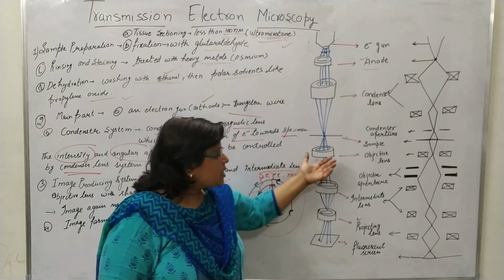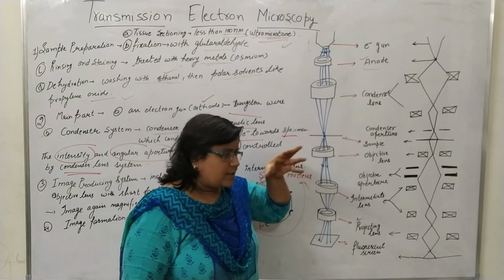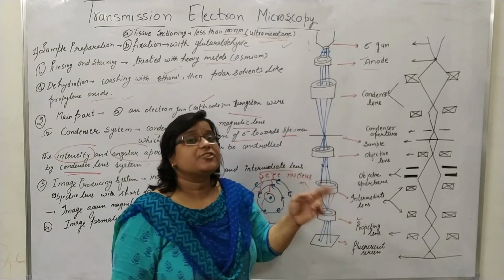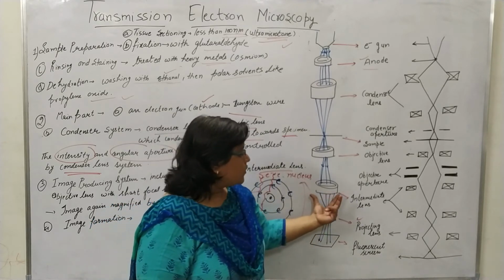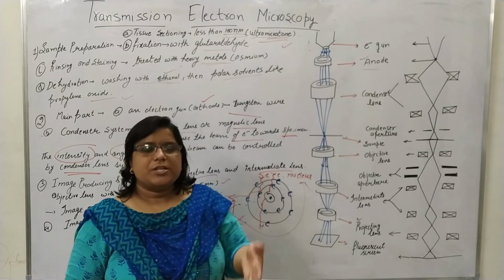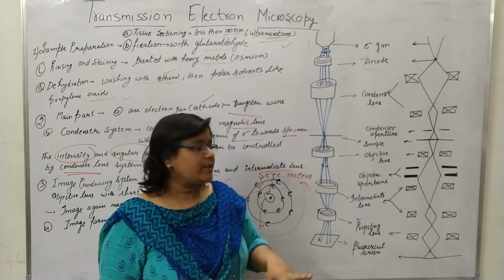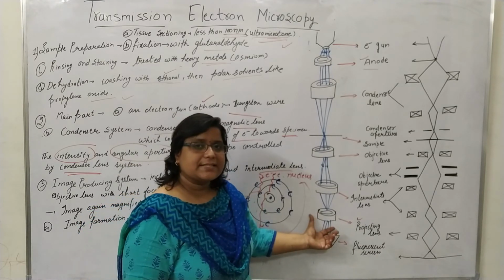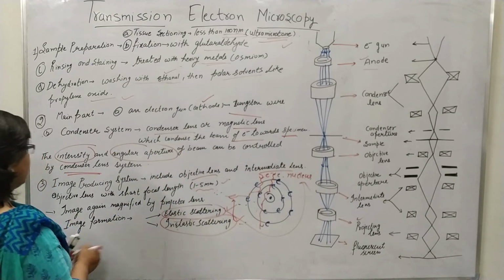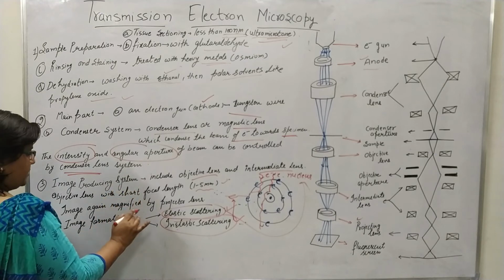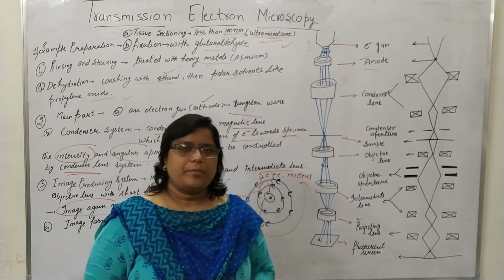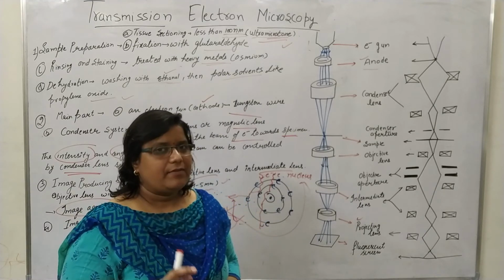The objective lens projects these transmitted electron beams towards the intermediate lens, and the intermediate lens projects these scattered images towards the projecting lens. The projecting lens magnifies the image. How the image is formed due to the scattering, I will discuss.